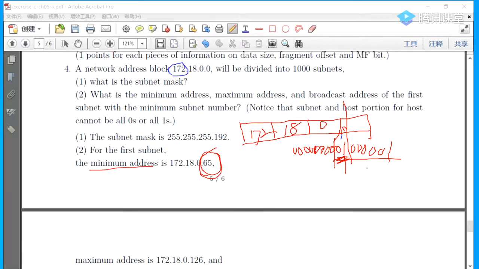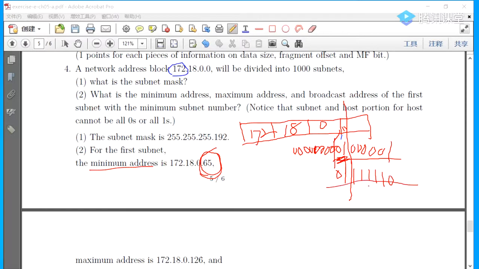The maximum address then should be 0, 1, then 1, 1, 1, 1, 1, then followed by 0.